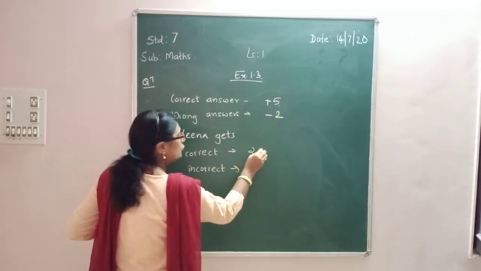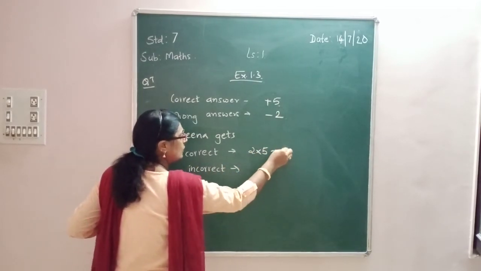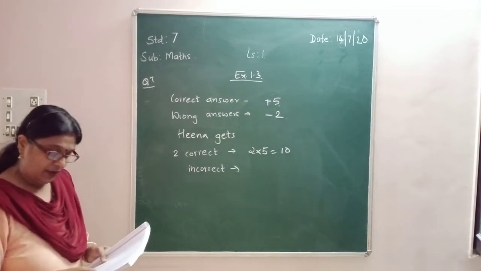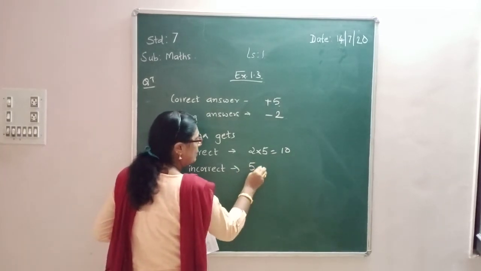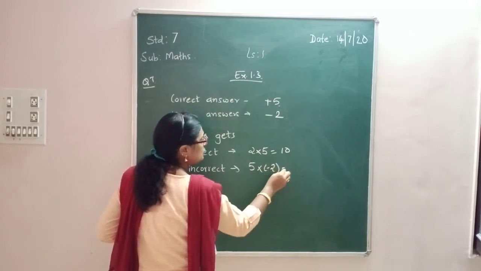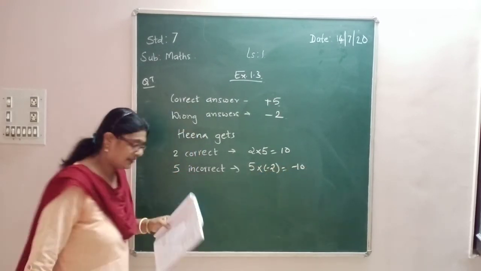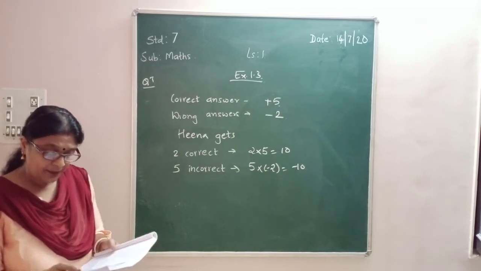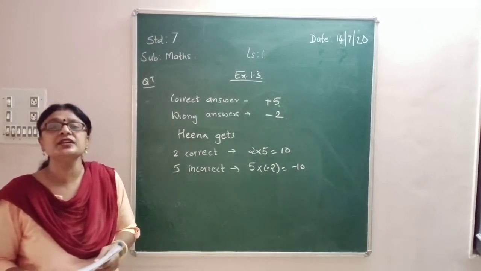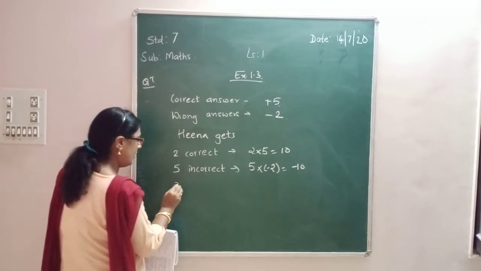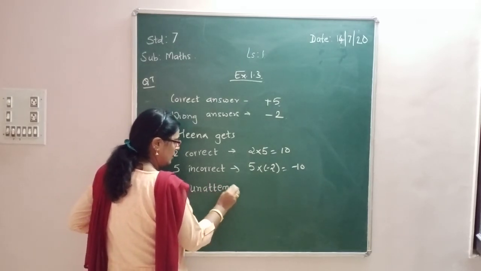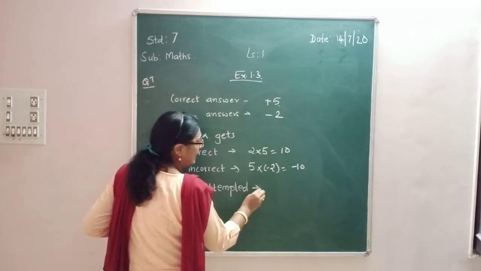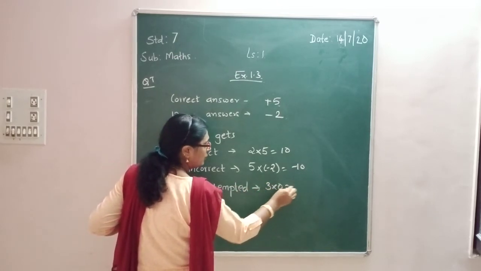So that is equal to 2 multiplied by 5, that is equal to 10. 5 incorrect answers. So 5 multiplied by minus 2, that is equal to minus 10. And out of 7 questions she attempts. So 3 unattempted. So for unattempted it is 0.